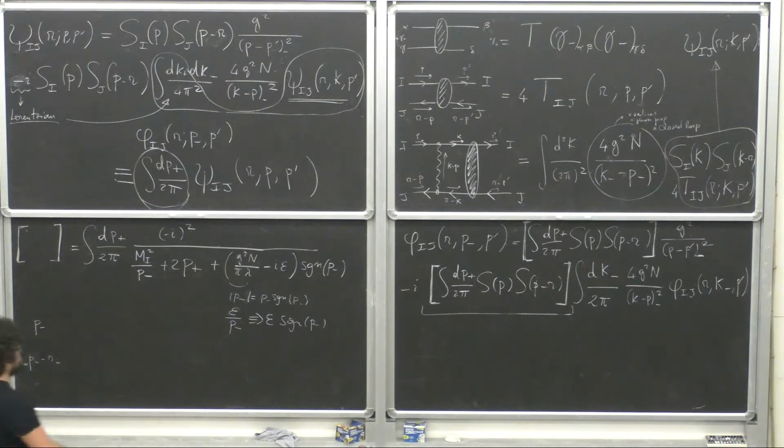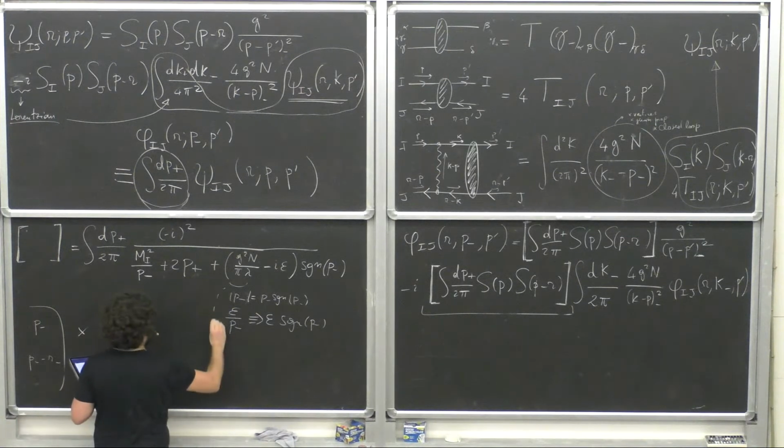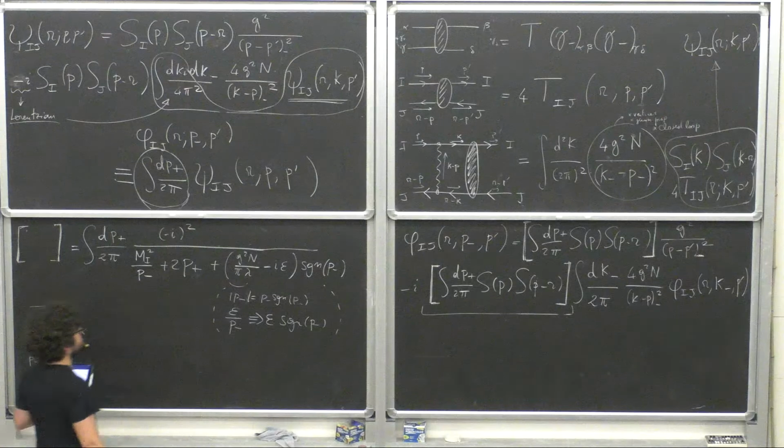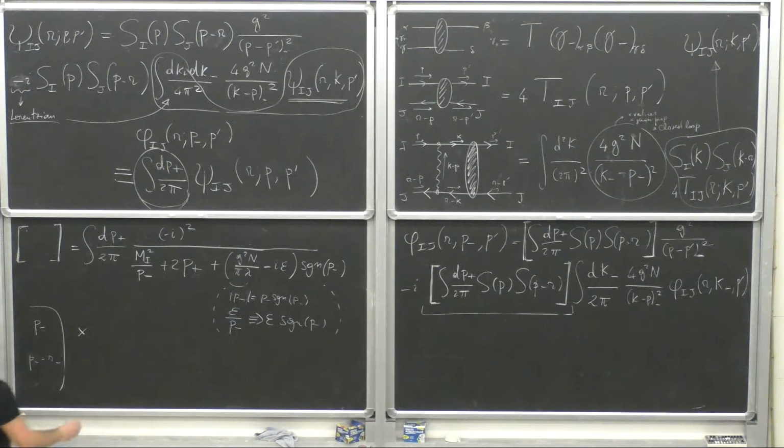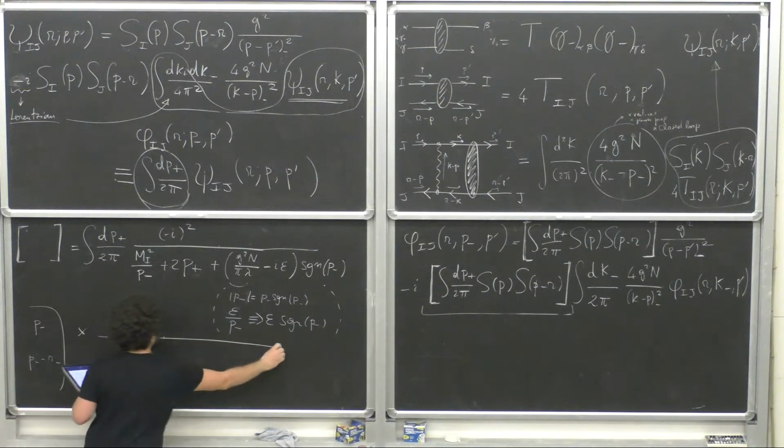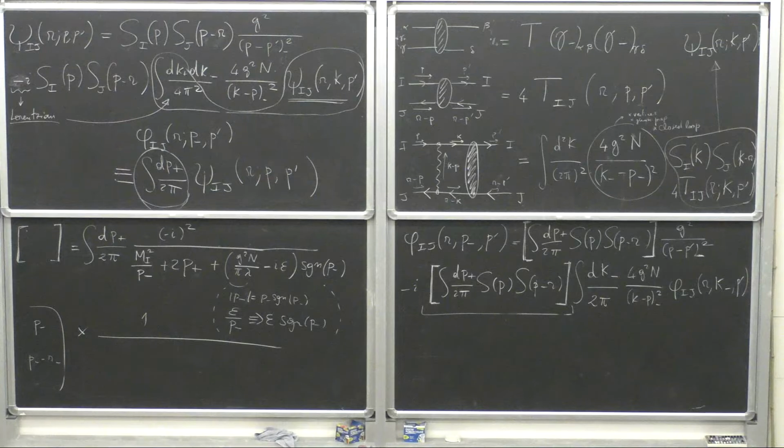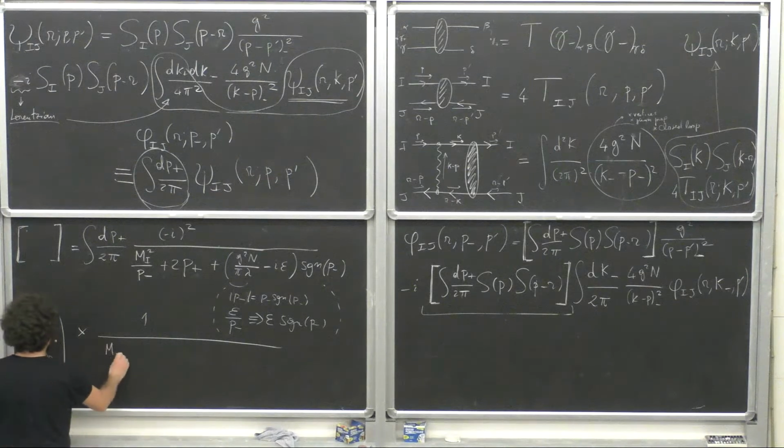Okay, so if this is clear, let me now write the second propagator. Sorry, this was just an explanation. And the second propagator is the same thing, just with the other momenta.